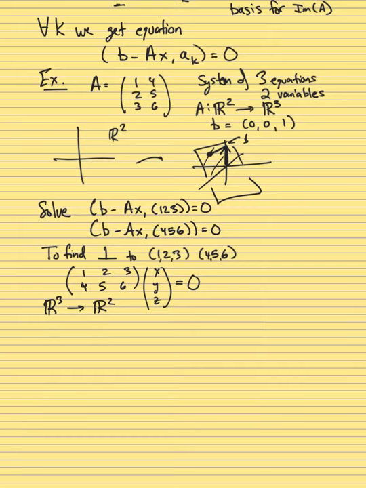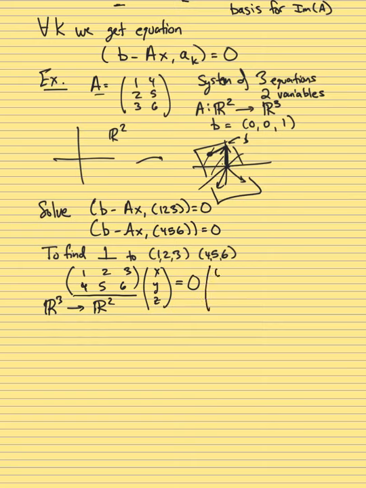In some sense this is the general procedure. If you have this transformation, which takes vectors into some vector space, you're looking at vectors in the image. You want to find something orthogonal to these vectors. Writing down that system of linear equations and solving is exactly the same as writing the transpose of the original matrix and solving for 0.